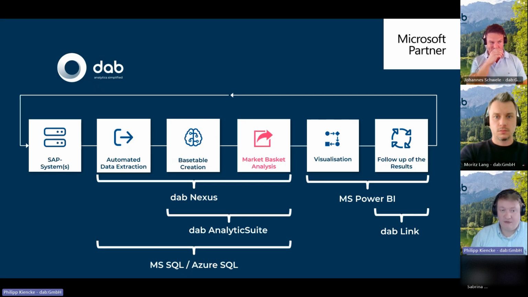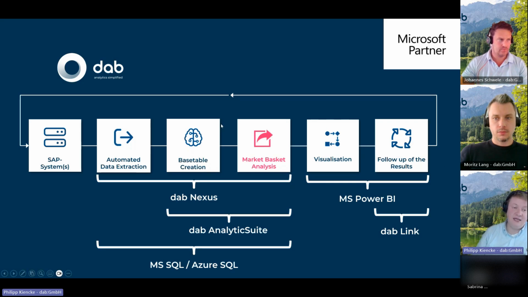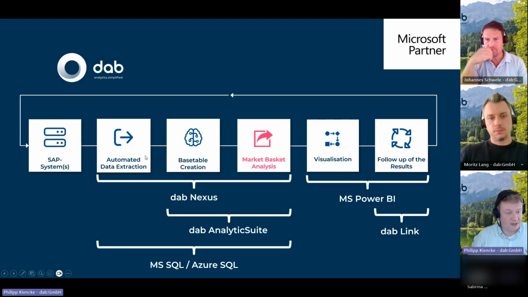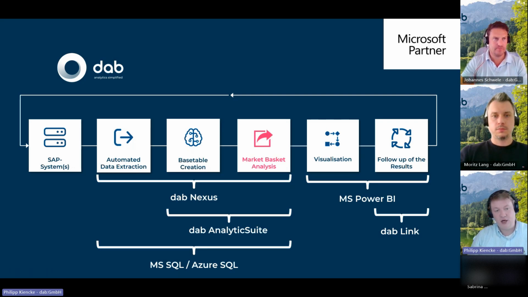So we have, as already shortly mentioned in the beginning, an own extractor. And that data extractor, our SAP connector, so to say, can easily connect with your SAP system or systems. We use an own RFC function module.